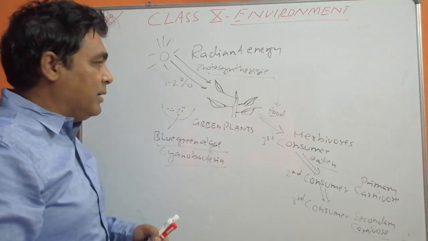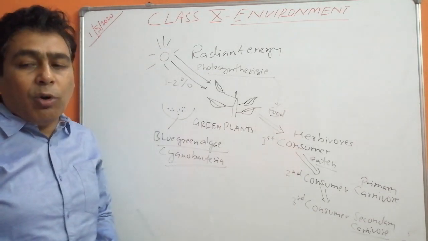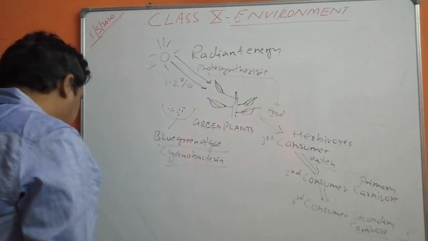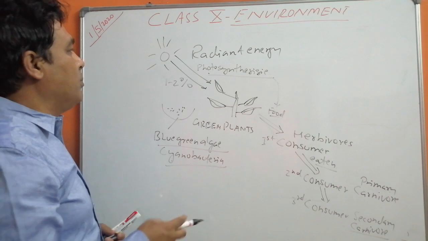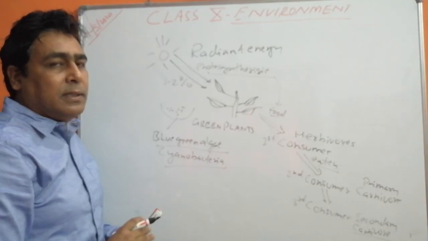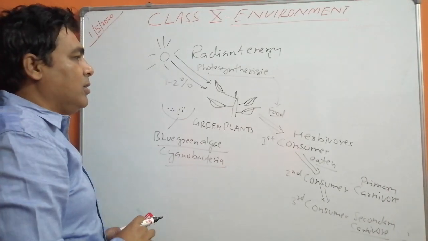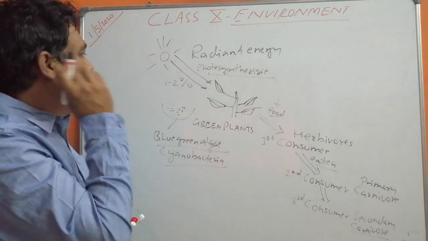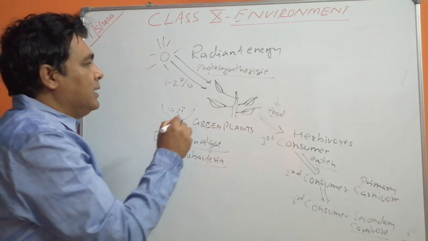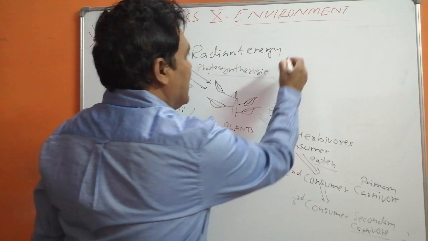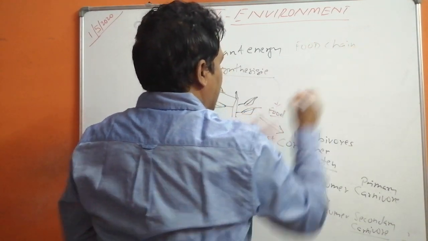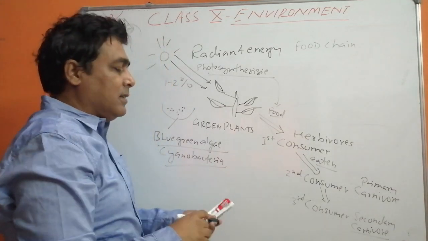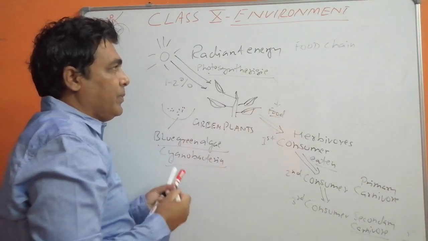Why this happens, we are going to discuss, and it has been studied by a lot of people. Now, children, first we are going to talk about how this happens. A thermodynamic law has been studied, and people have found that there is a transfer of biomass in the food chain. In the food chain, there is an interaction between the organisms.